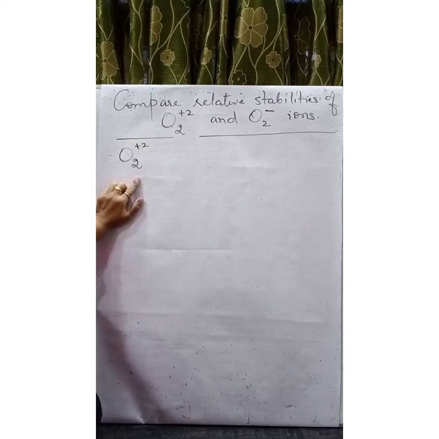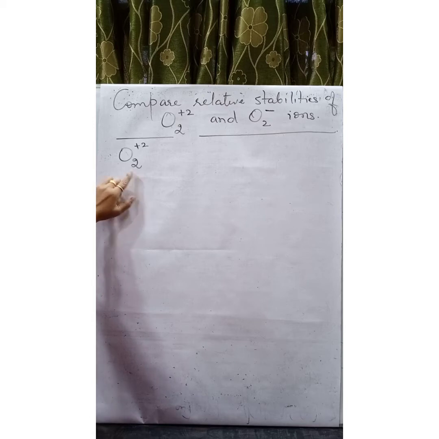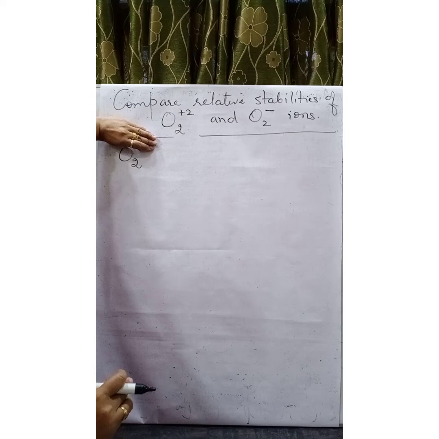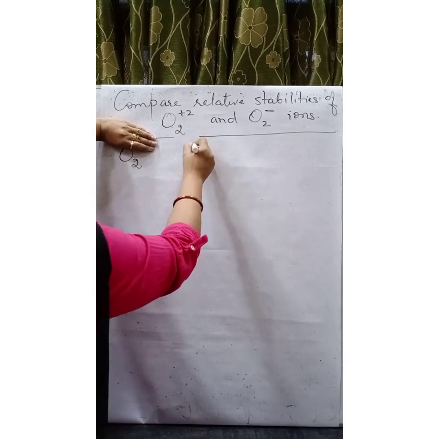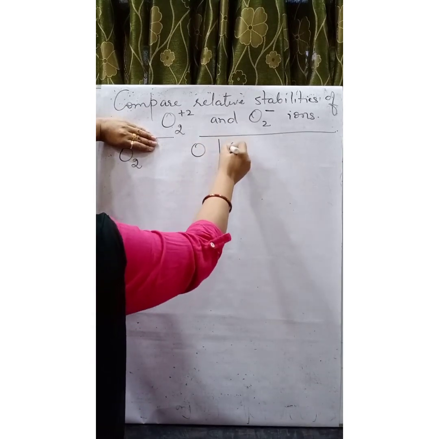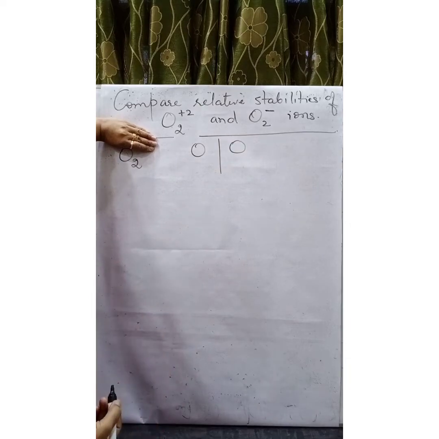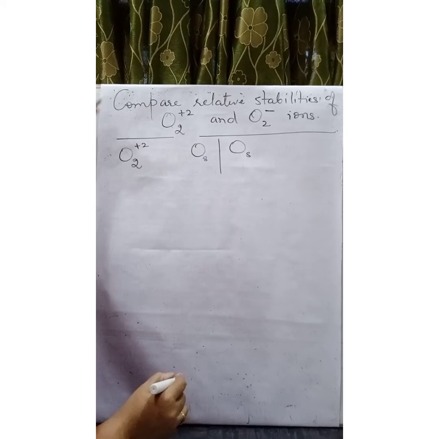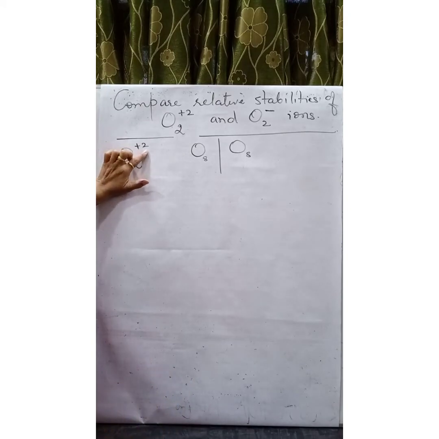As we already know, higher is the bond order, greater is the bond dissociation enthalpy, and more stable is the molecule. O2 plus 2 means, first of all, forget the charge. O2 molecule means one oxygen is combining with other oxygen atom and the atomic number is 8. Plus 2 means there is loss of 2 electrons.